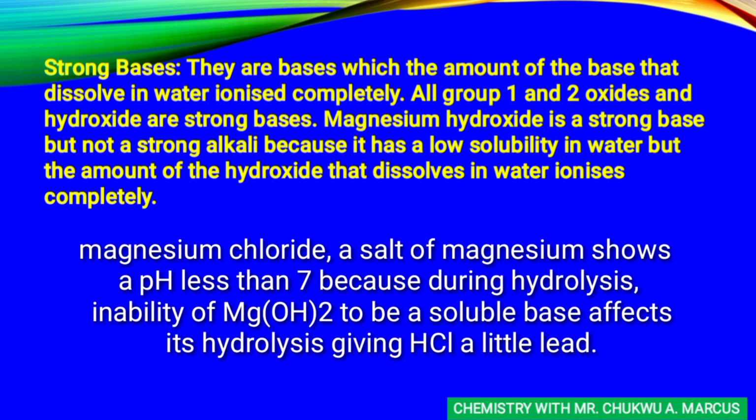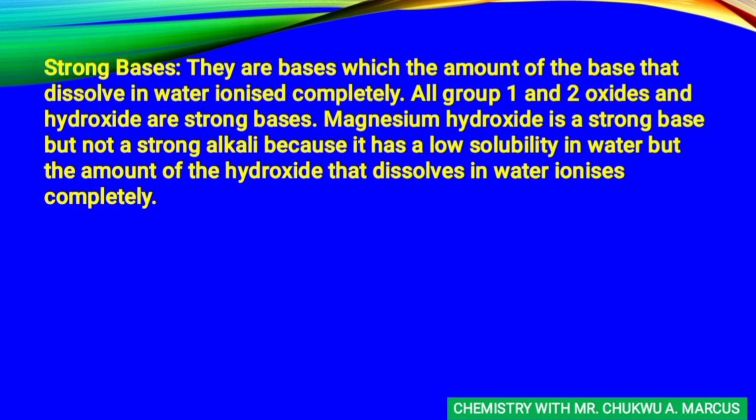If you dissolve it in water, it will show a little bit of red on litmus paper. That is, if you add litmus paper to it, it will turn it red, because not all the magnesium is dissolving in water. That is the magnesium oxide. I hope you get me on that. So it will not show its strength very well, but we know that magnesium hydroxide is a strong base.